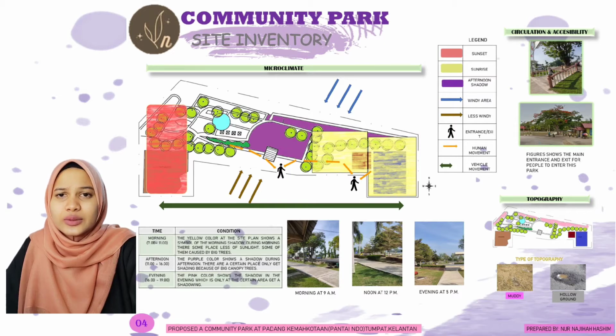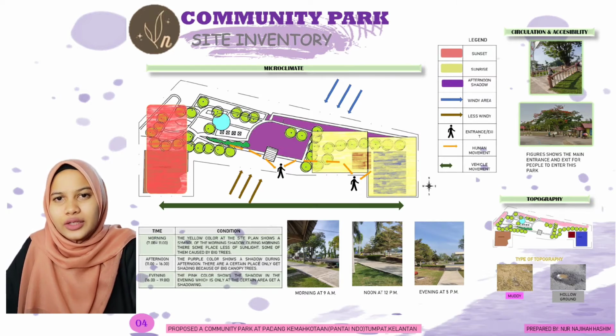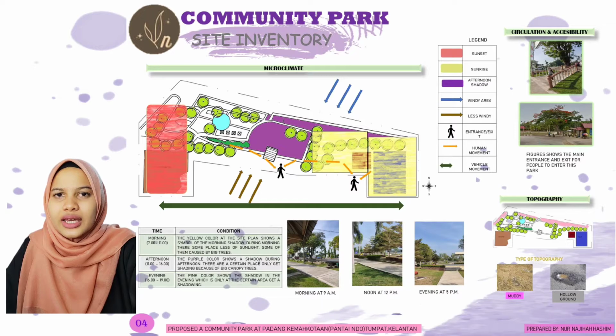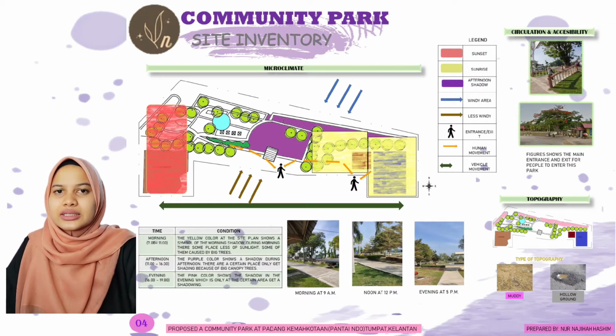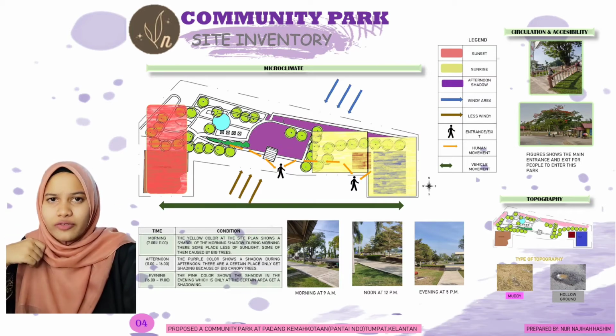Next, the last one is the evening view, from 4 p.m. until 7 p.m. The pink color on the site plan shows the shadow in the evening, which only covers certain areas. So this is an example of the morning shade and also the noon shade at 12 p.m.